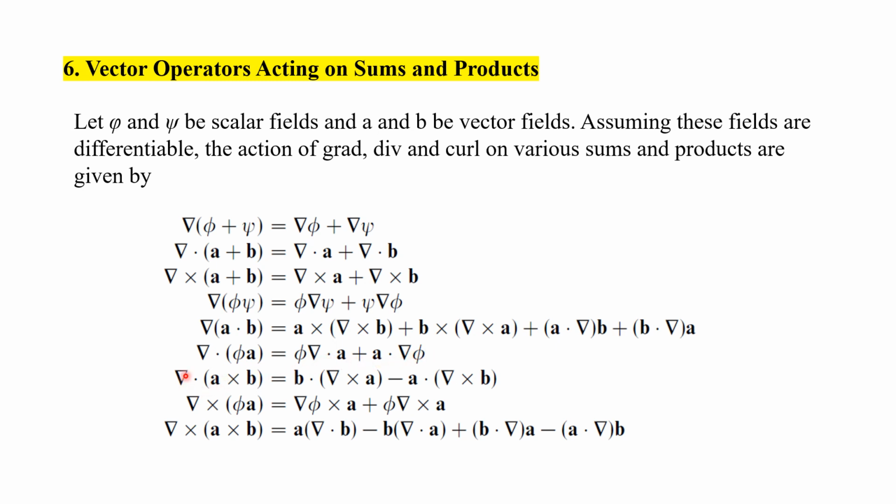For del dot of the cross product of A and B, it's this one here. For del cross phi A, it's del phi cross A plus phi del cross A. And for del cross A cross B, it's this one here. So these are some of the vector operators acting on the sums and the products.